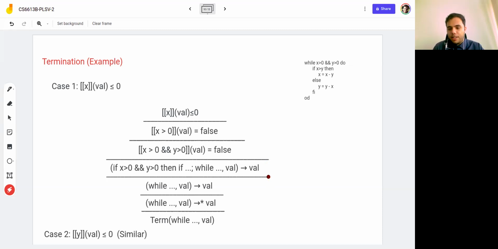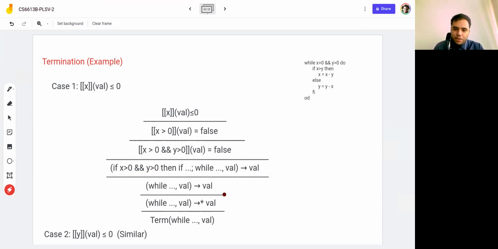Now the next one is the while rule that we saw today. The while rule says that if you have a while, you can rewrite it like this, and if from there you can have a transition, then you can have the same transition from this state. Again, when I say while and 3 dots, I mean the original while in the program. So this is the while rule.